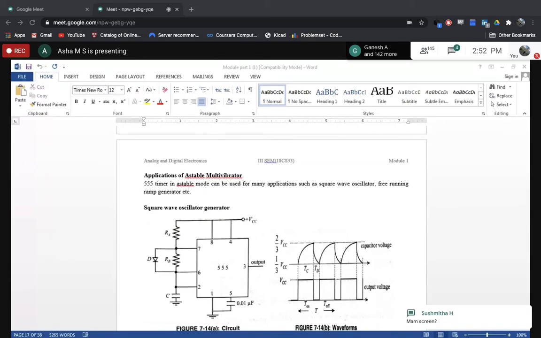When you have 50% duty cycle. What do you mean by 50% duty cycle? 50% duty cycle is nothing but the time duration for which your output waveform will be in the on period. If on period is 50%, obviously off period will be 50%, correct? That's why it's a square wave generator.